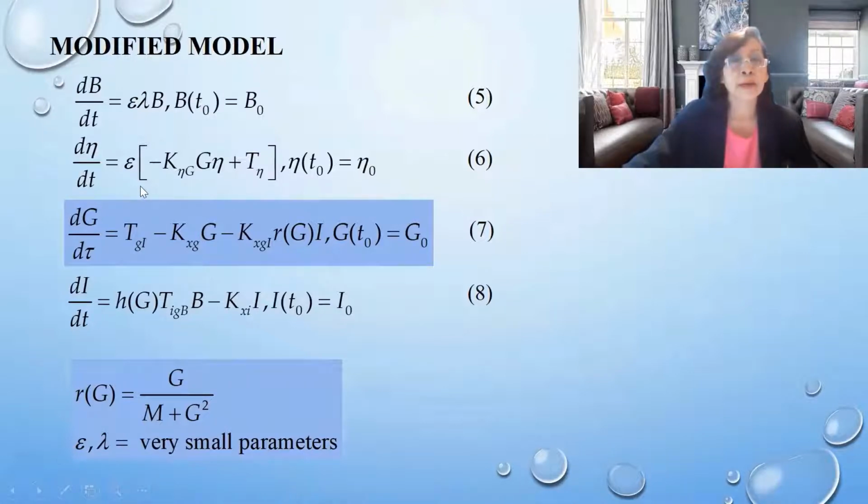Here, epsilon and lambda are supposed to be very small.